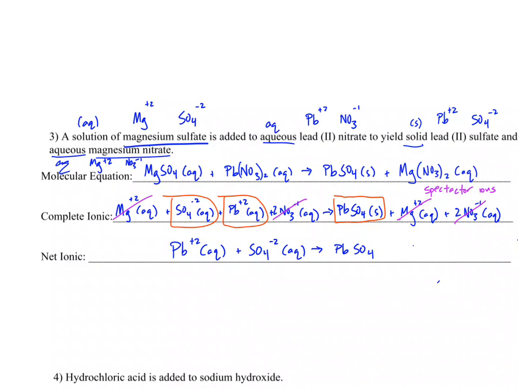Now this is lead(II) sulfate, so Pb +2 and SO4 -2, the charges cancel each other out. So just PbSO4 as a solid. There's my net ionic equation.